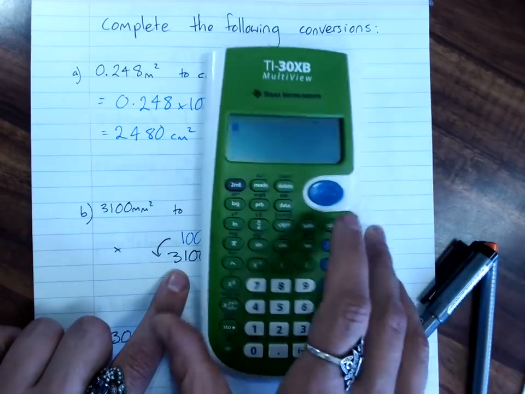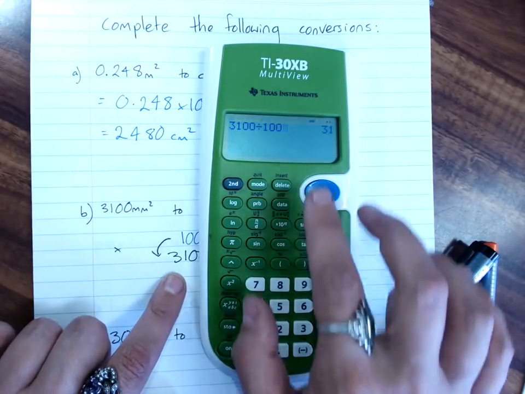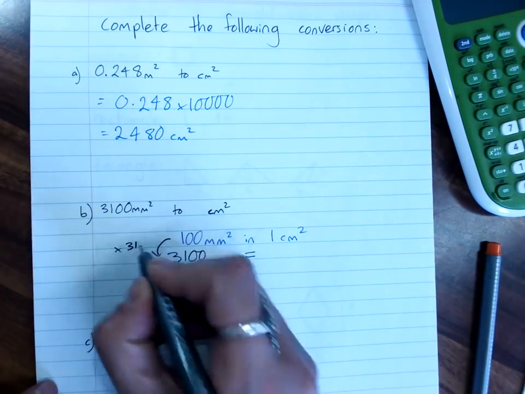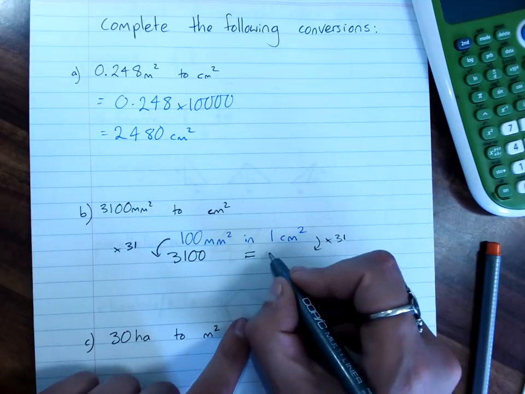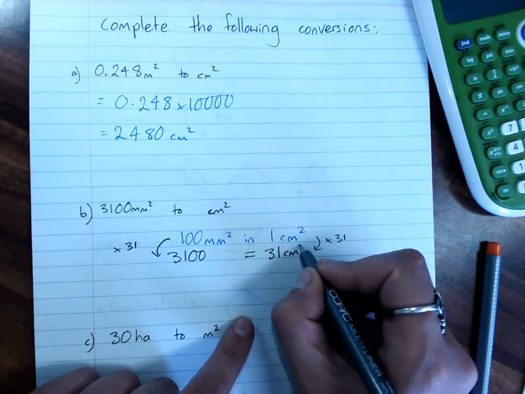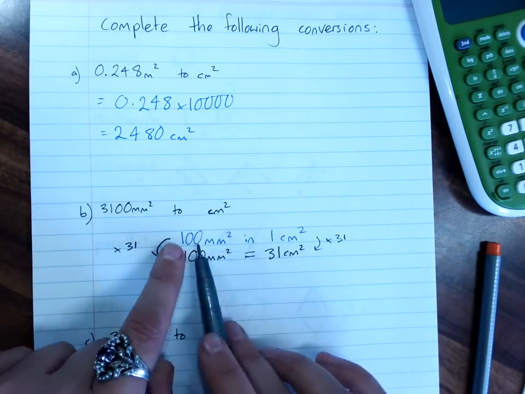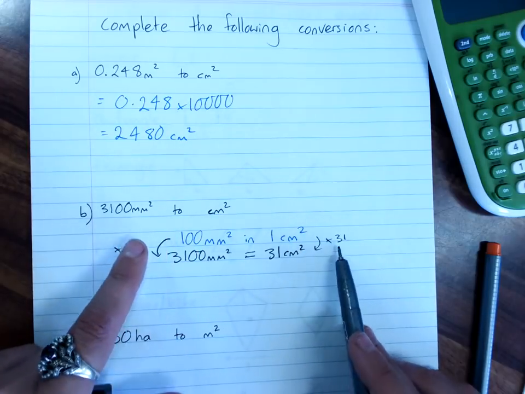So we'll divide back: 3,100 divided by 100. That's times 31. So this has to be times 31, and 1 times 31, 31 centimetres squared.